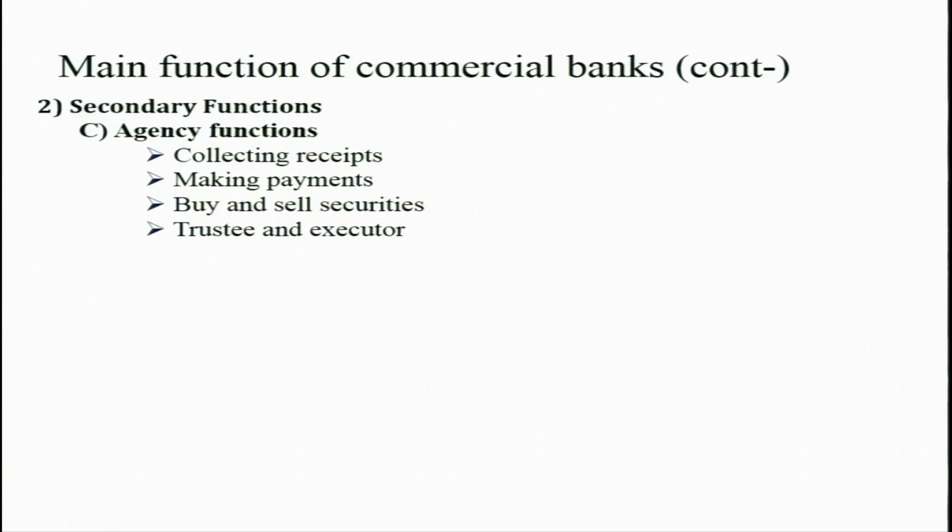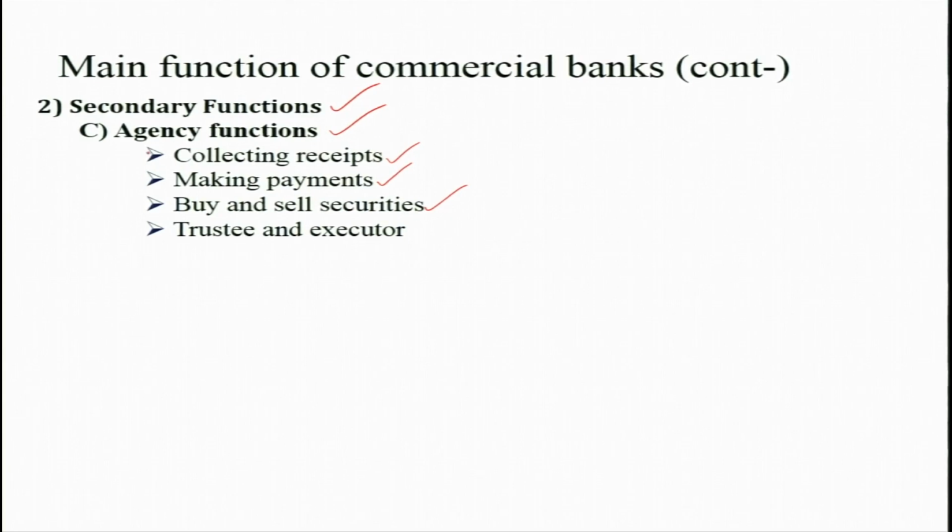So in addition to the main functions of commercial banks, they also perform several secondary functions as well. This includes agency functions, that means collecting receipts, making payments, buying and selling securities, and acting as the trustee and executor of the customers.